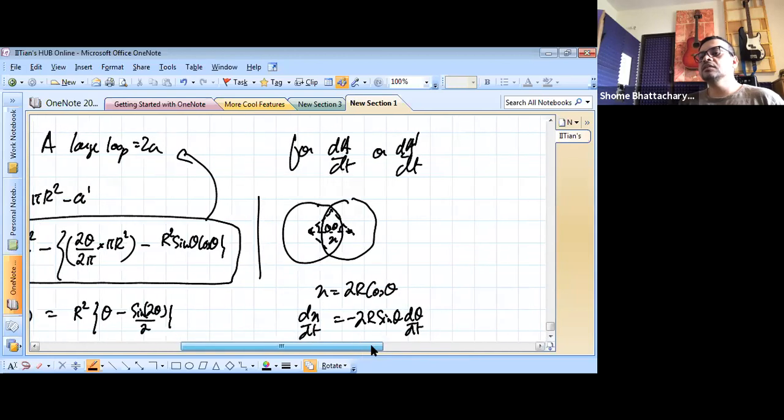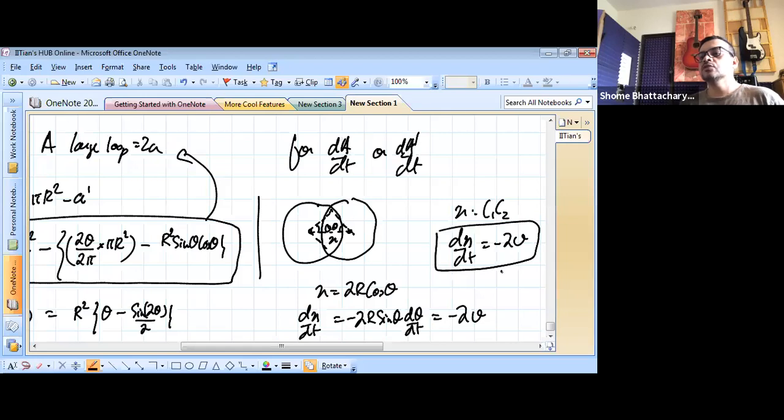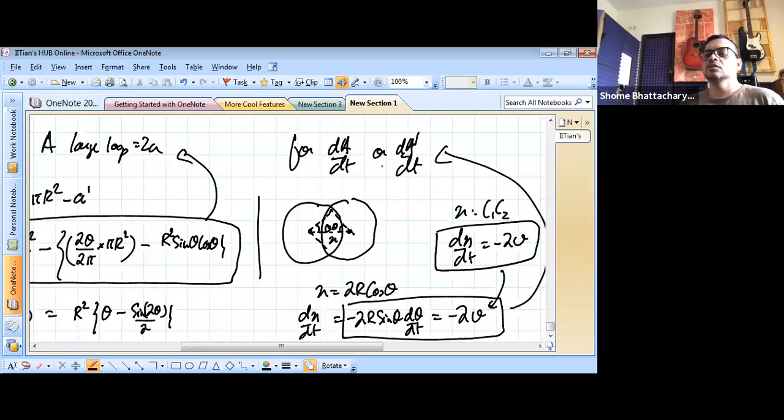And dx by dt is equal to minus 2v, because that's the rate at which x is decreasing. x is the center to center distance, so dx by dt is the relative velocity of approach of the two centers. Use this as a constraint relation when you substitute. You will get the areas as a function of theta. Differentiate that, and there will be a d theta by dt term, which will be eliminated using this. So is this method clear, people?